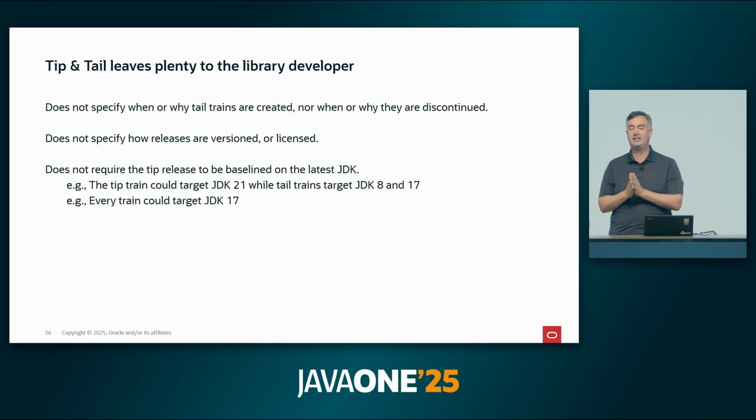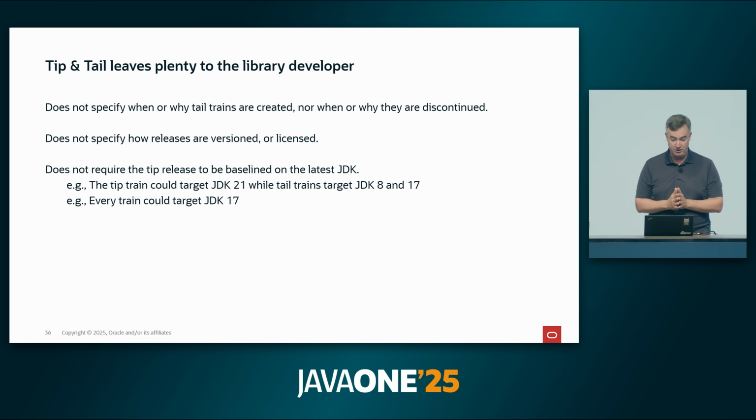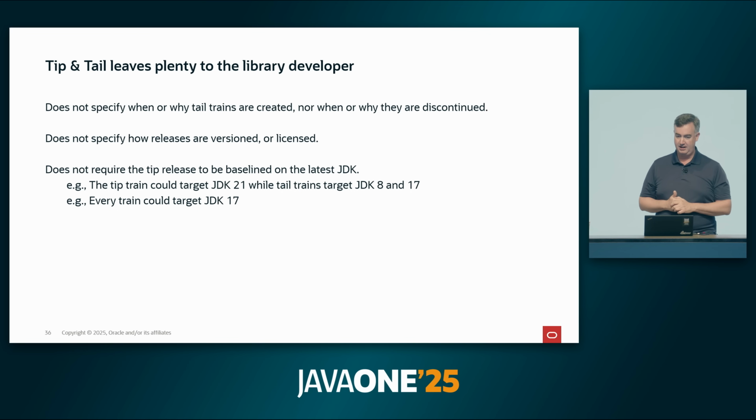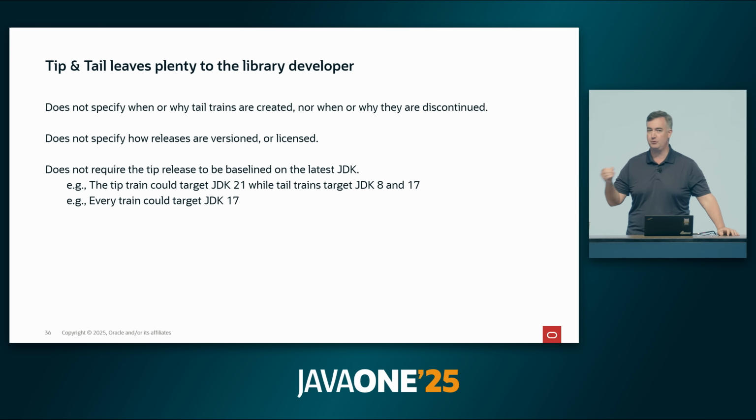Now, tip and tail still leaves plenty of decisions to the library developer. It doesn't specify when or why tail trains are created. It doesn't control or govern when or why they are discontinued in your project. It certainly doesn't specify anything about how releases are versioned or licensed.